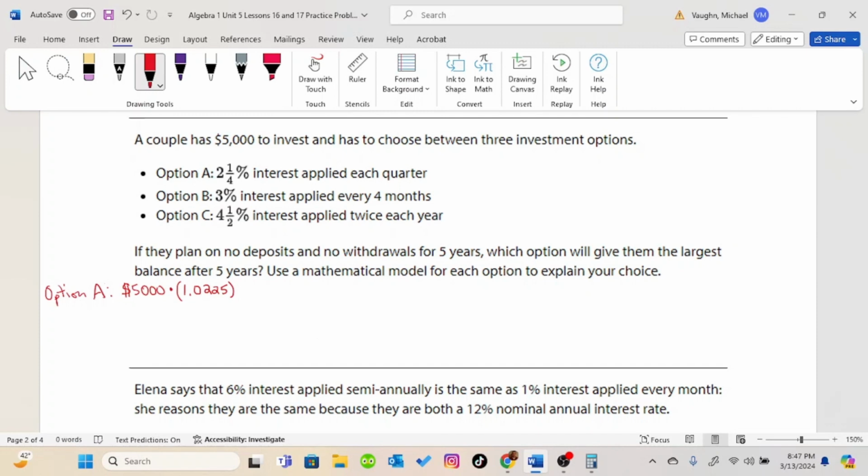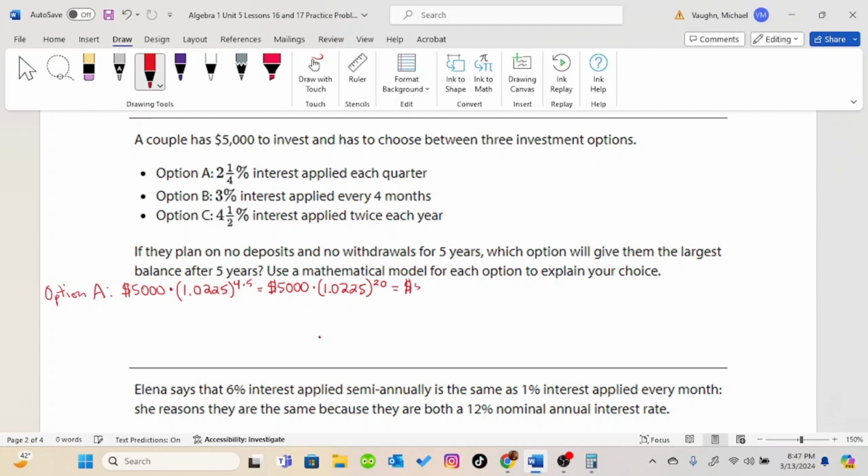This is going to be applied each quarter, so that means 4 times a year times 5 years. So this becomes $5,000 times 1.0225 to the power of 20.